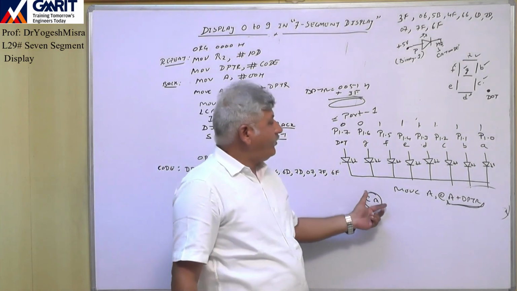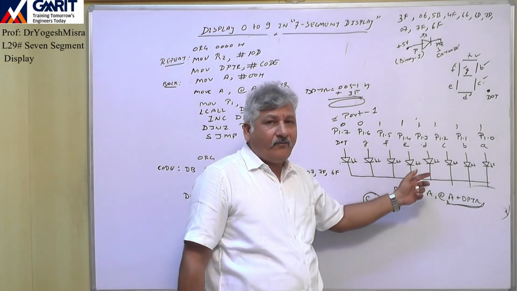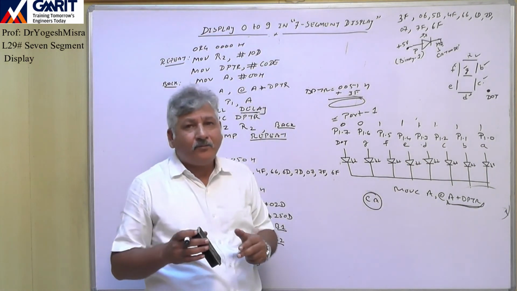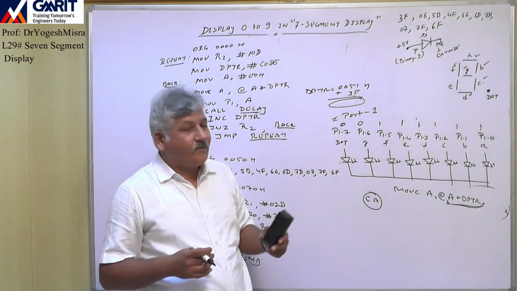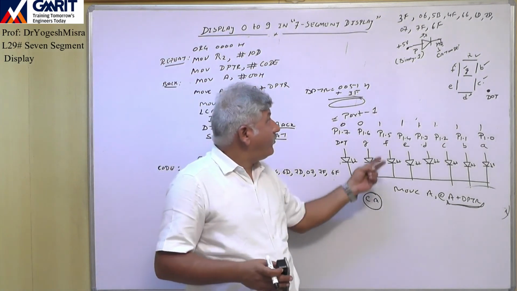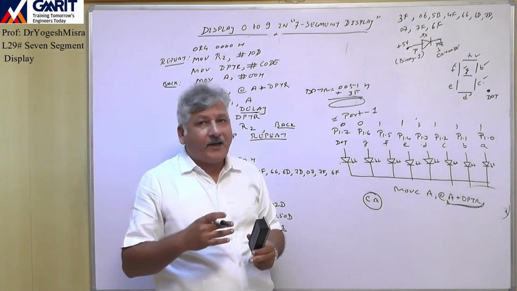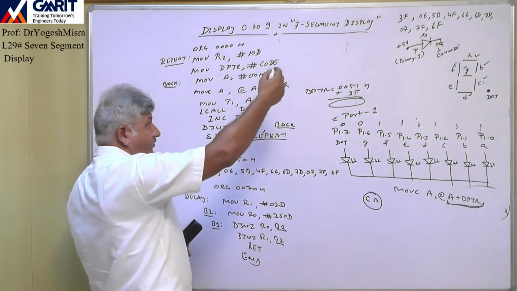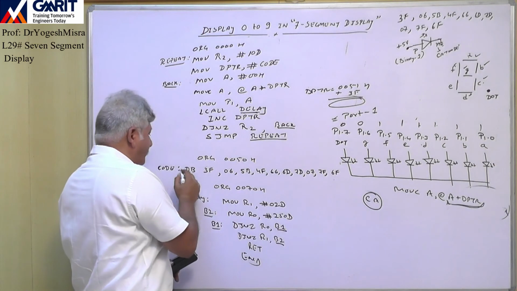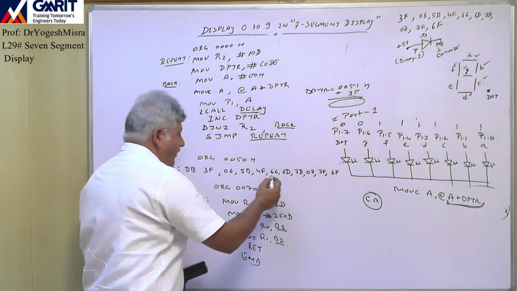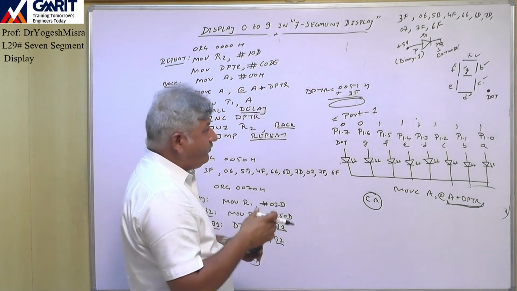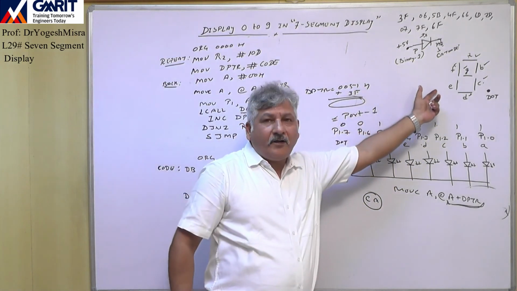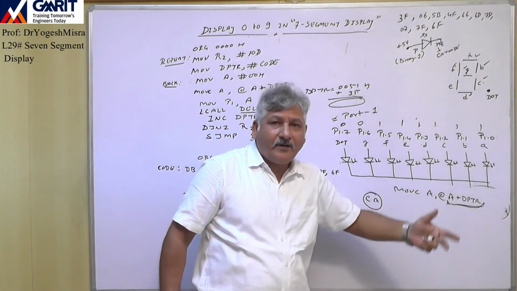What will be the codes if, in place of common cathode, we have taken a common anode type display, for displaying the numbers from 0 to 9? And after finding out those codes, simply replace them here in your program, run the program, select common anode type 7 segment display and the numbers will be displayed.